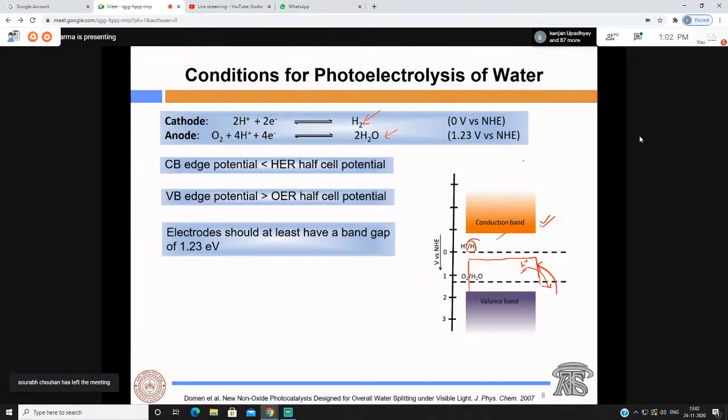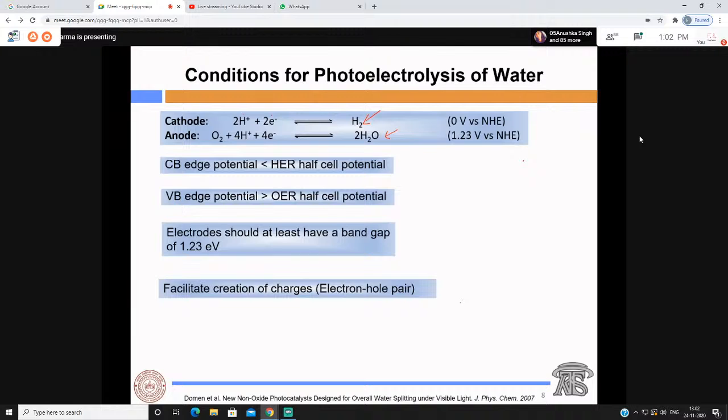So such materials are specifically focused on the hydrogen evolution reaction, and vice versa. If the valence band is present here and the conduction band is somewhere here, for a lesser band gap material, then the oxygen evolution reaction is favorable, but the hydrogen evolution reaction is not favorable. So those are OER kind of semiconductors.